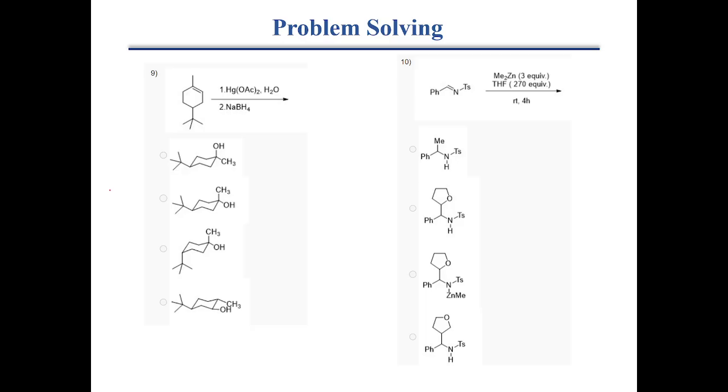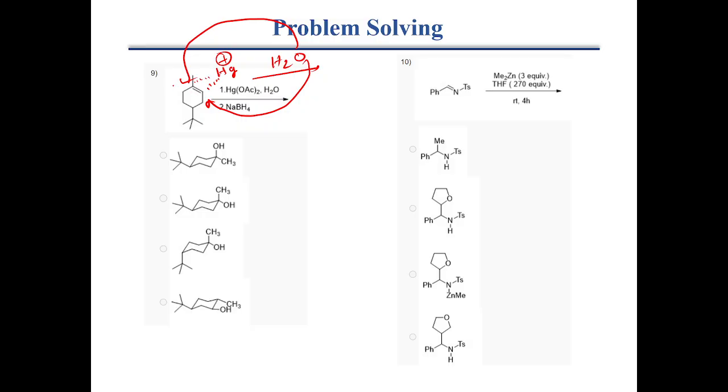Now this is the oxymercuration-demercuration reaction in presence of zinc acetate. What happened? First the mercury complex forms, then water attacks. Now the possibility is water attacks from this side or this side. So the stable carbocation is from where? That side water attacks.